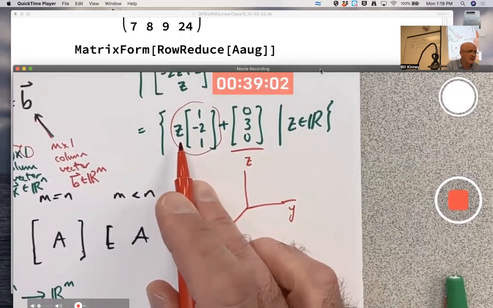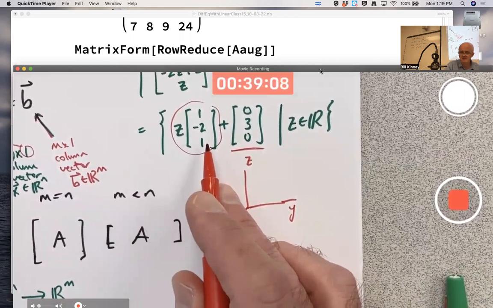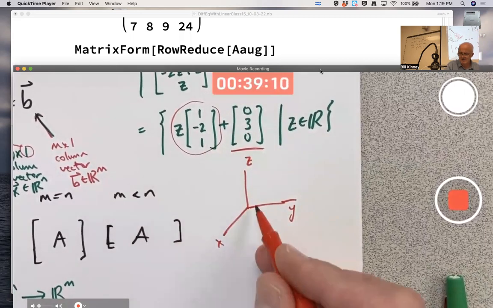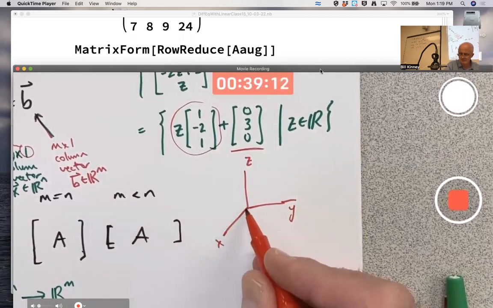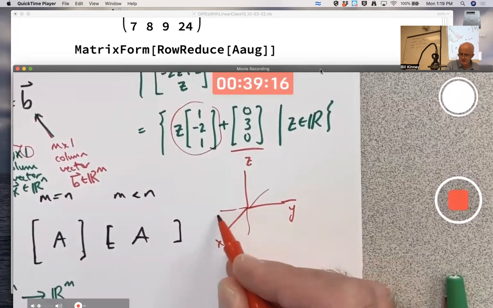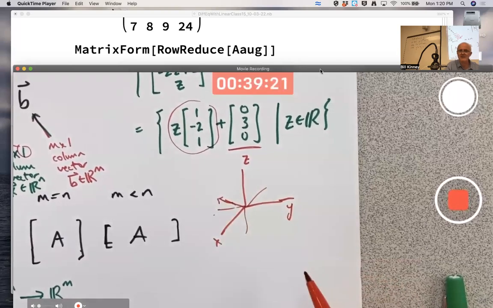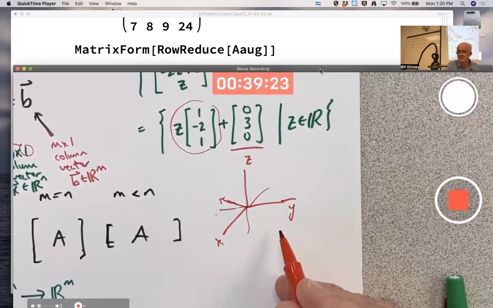If there's two free variables, then it can be two-dimensional. It's a line parallel to this vector. Where is that vector? 1, negative 2, 1. A vector about like that. It's parallel to that vector, but it doesn't go through the origin.